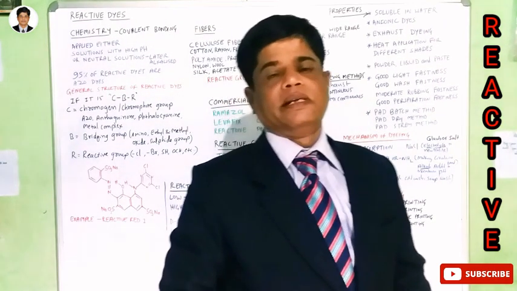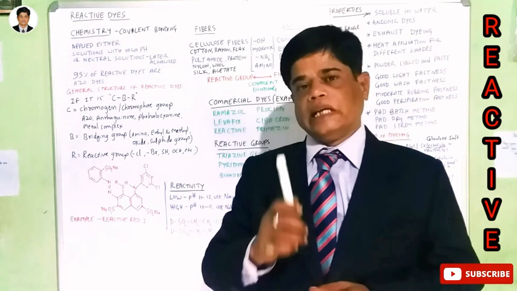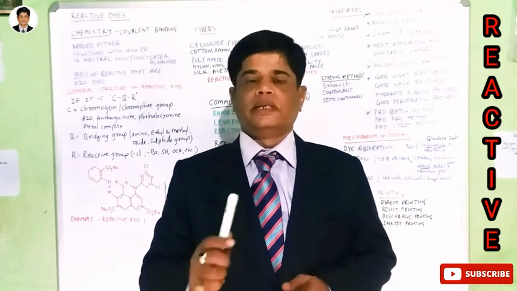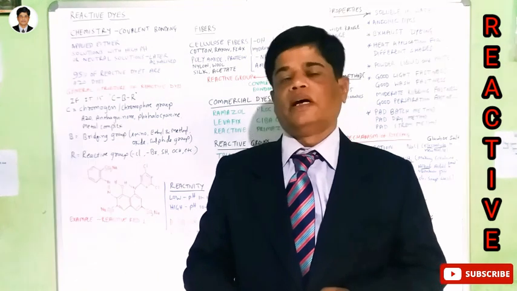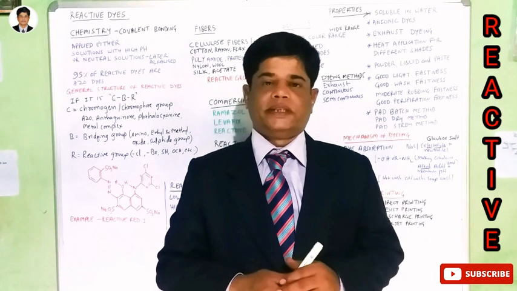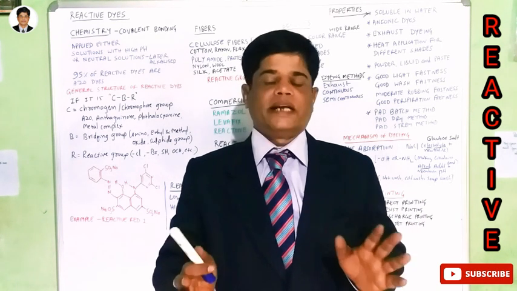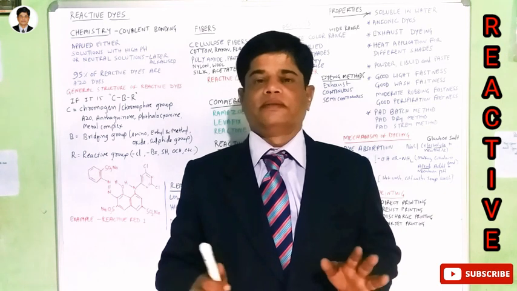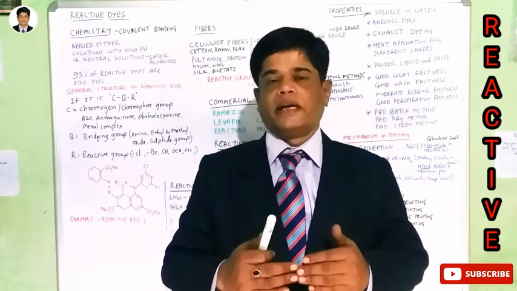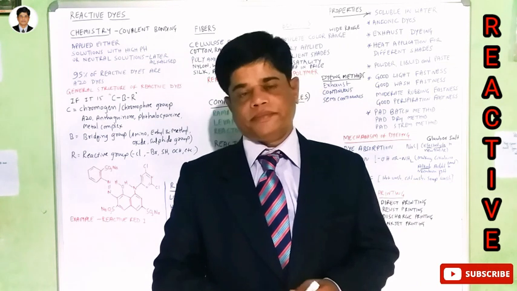What is the chemistry of reactive dyes? A reactive dye has a reactive group. That reactive group reacts with the polymer of the fiber chain permanently. Whatever reaction takes place, after the reaction the dye becomes an integral part of the fiber.